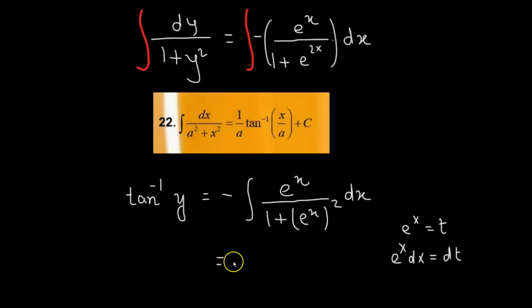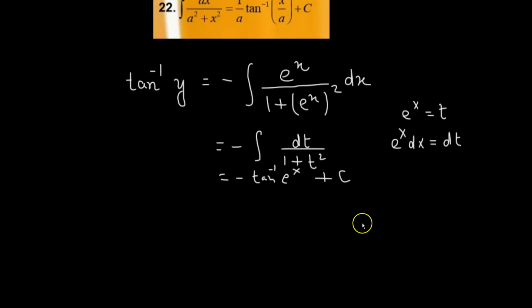So the integral becomes negative integral of dt divided by 1 plus t squared, and this is again the same formula. So this will be equal to negative tangent inverse of t, and our t is e raised to the power of x, plus the constant of integration c.